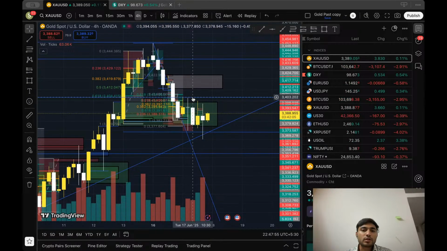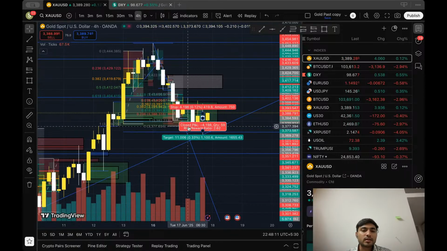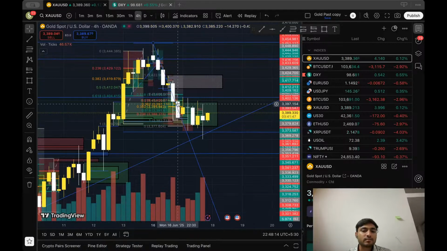The region is between 370 and 403, a 300 pip region. We could have some 100 pip trades, but still it's risky, and it depends upon how you're thinking in that situation.